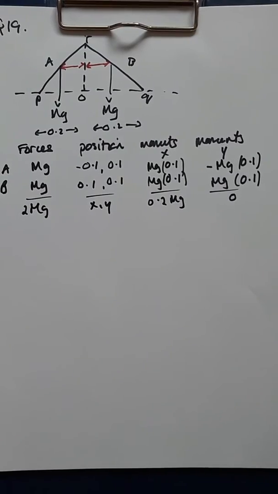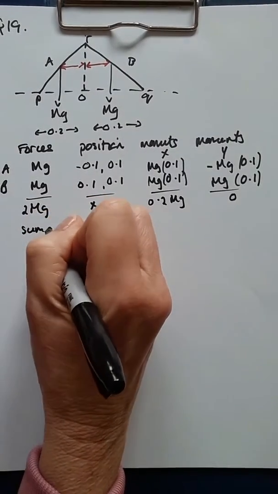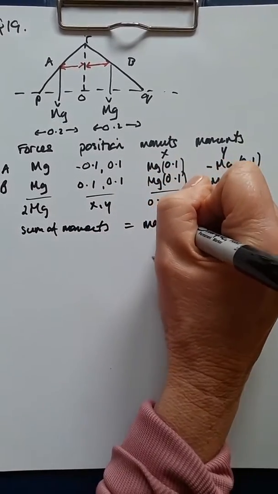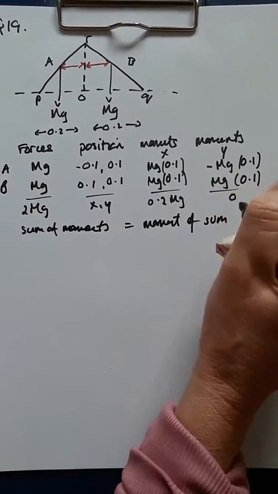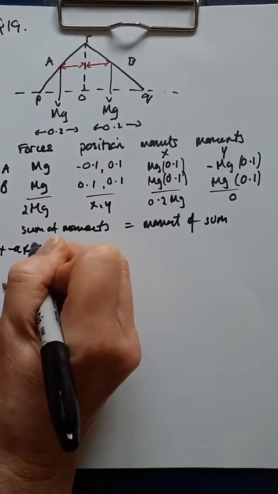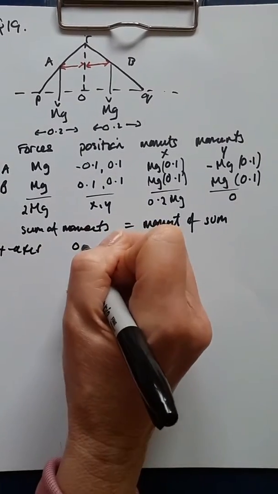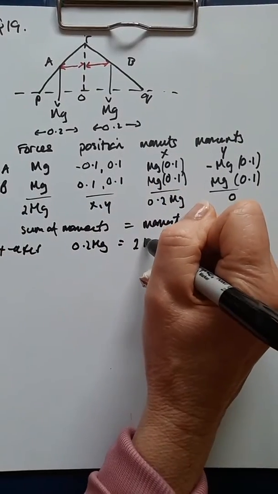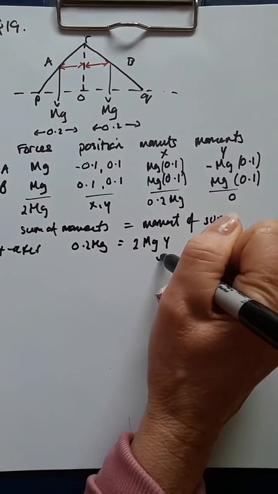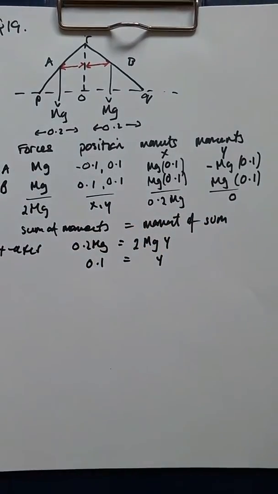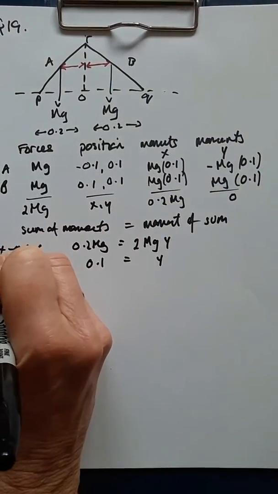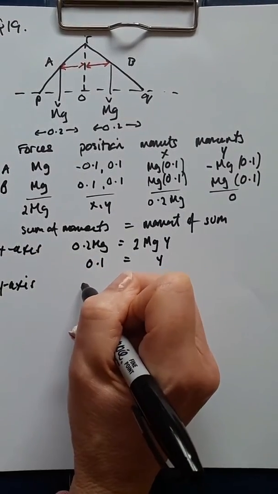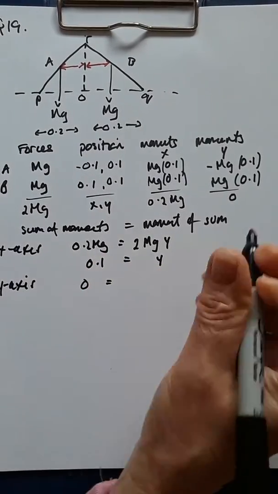So when I use the law of moments, which is the sum of the moments equals the moment of the sum, about the x-axis, what's it going to be? My x-axis moments are 0.2 mg. The moment of the sum about the x-axis is 2 mg by y, which means that y is equal to 0.1. The moments about the y-axis, I'll do the same here now, will become 0, the sum of the moments is 0, equals the moment of the sum.